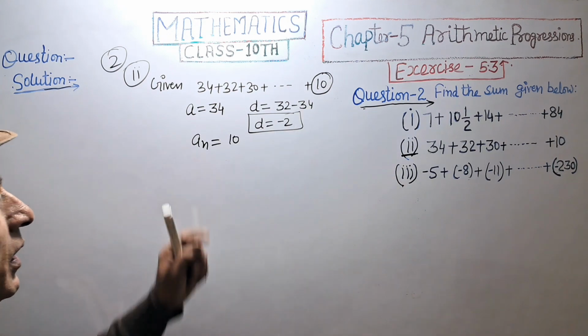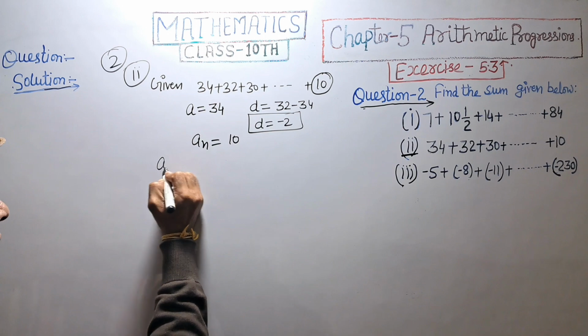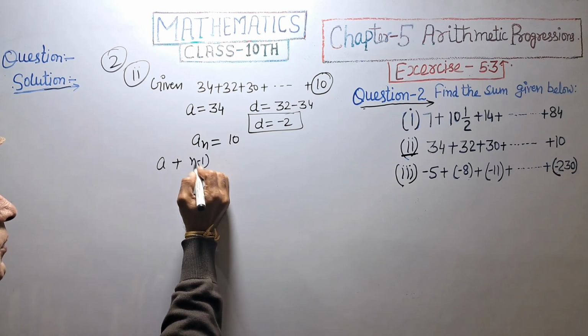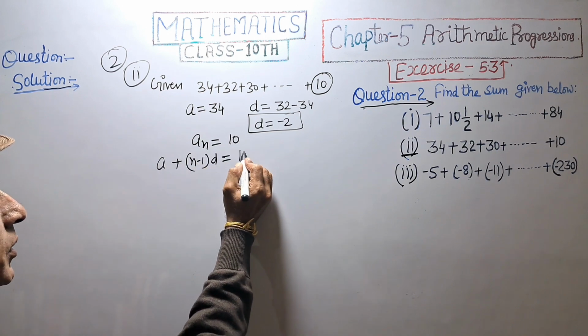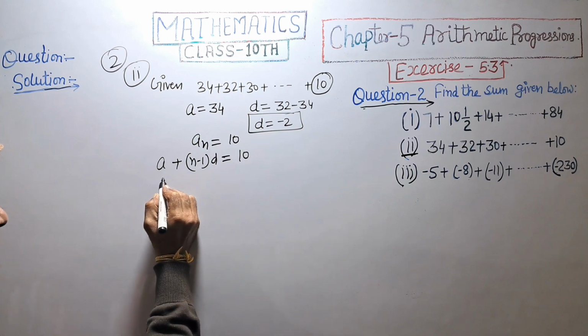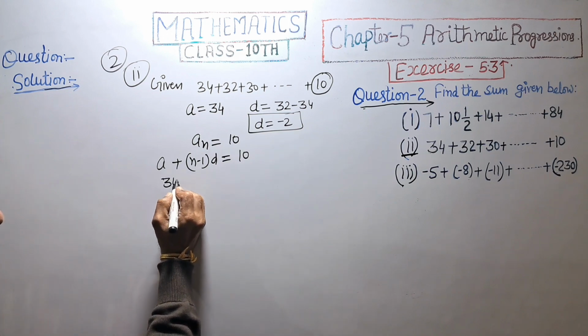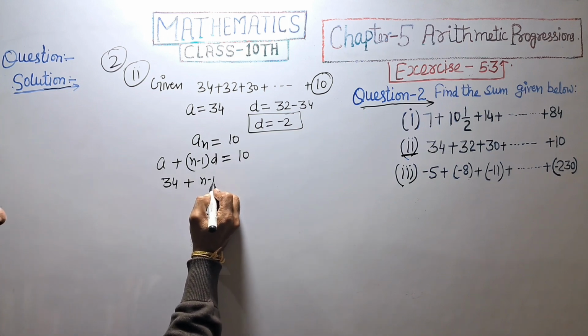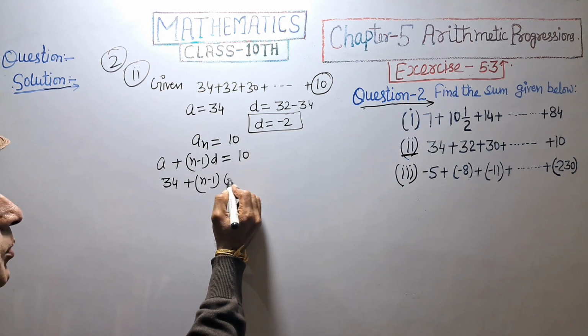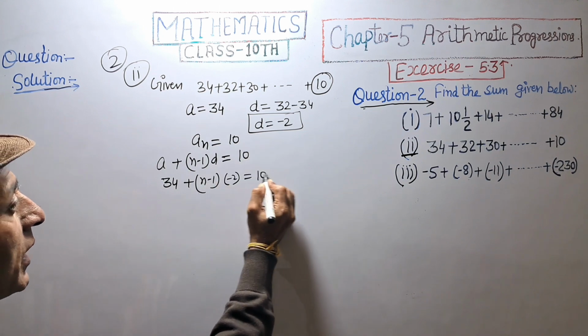That is An, applying the formula A plus (N minus 1) into D is equal to 10. A is equal to 34, plus (n minus 1) into D, where D is minus 2, is equal to 10.